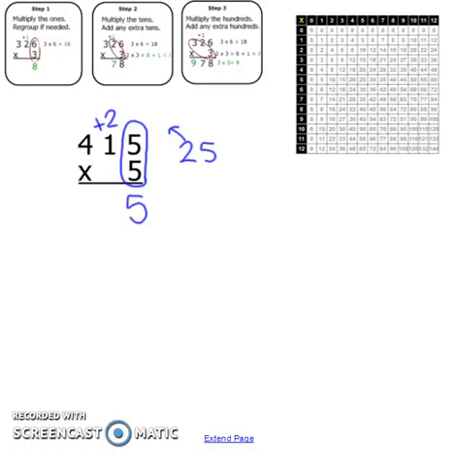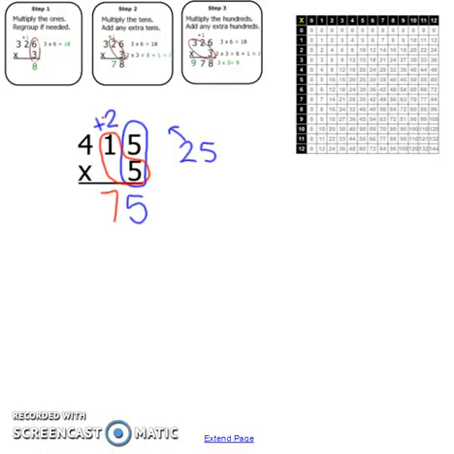Step 2, I'm going to multiply my tens. So 5 times 1 is 5. I'm going to add my 2, 6, 7, and now I have 7 in the tens place. There's nothing to carry to the next place.